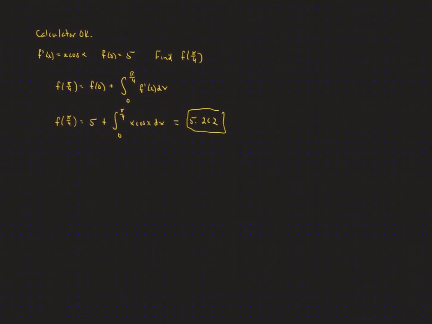Now, even maybe a little different one. This is like, say, page 323, number 14 in our book. I'm going to do an abbreviated version of that. So we're just going to estimate what is f of 2.